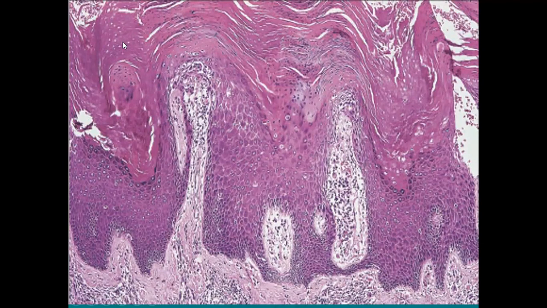You can see the hyperkeratosis, alternating parakeratosis, and some neutrophils as well. Underlying, there is hyperplasia, which is rather irregular, and inflammatory infiltrate is also seen in the dermis. So this is a typical appearance of inflammatory linear verrucous epidermal nevus.